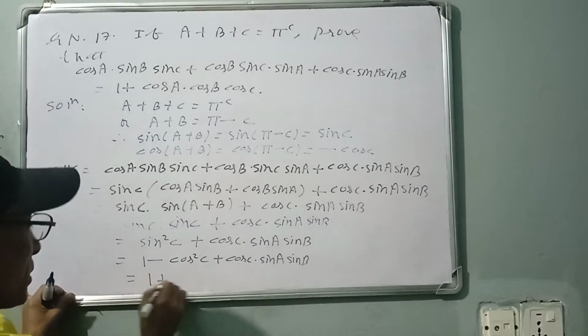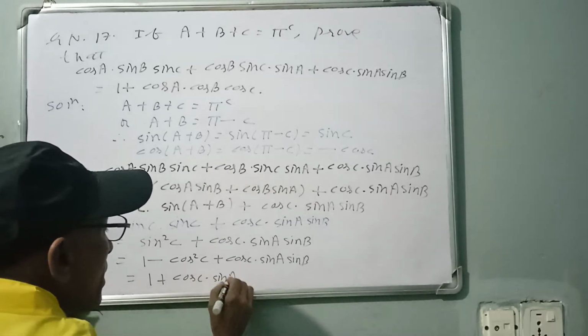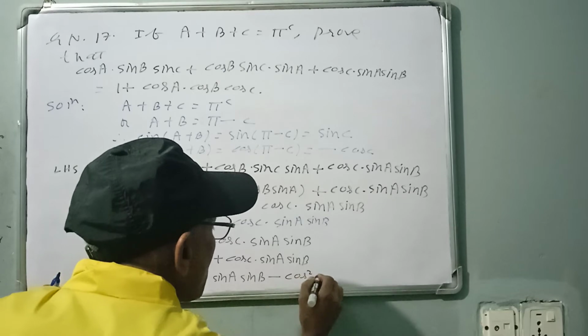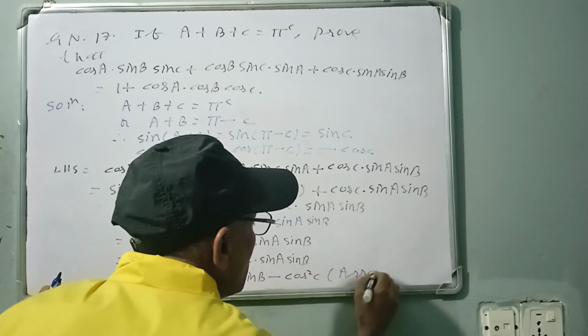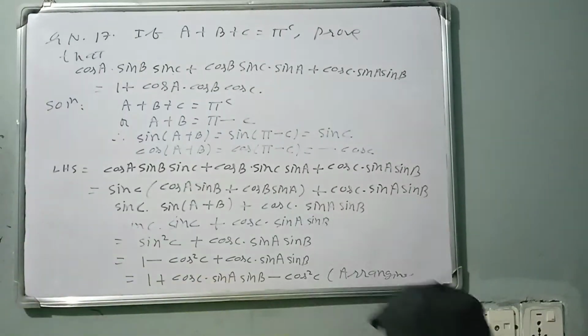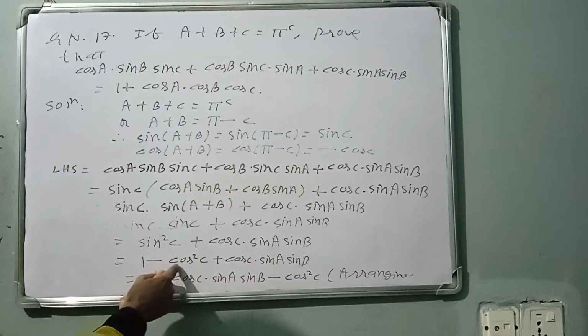Now 1 plus cos C into sin A sin B minus cos square C, arranging so that you can take common, bringing the later term to the back.